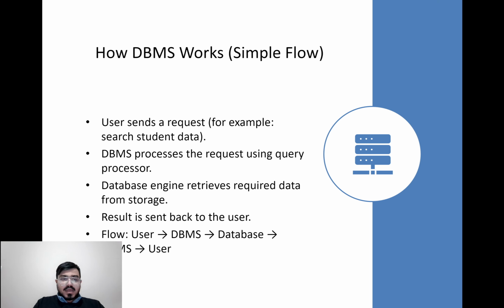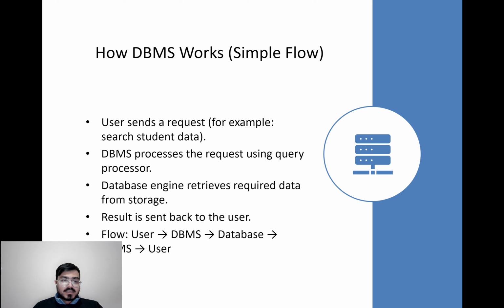Let us understand how a DBMS works in simple steps. First, a user sends a request. For example, the user wants to search student data. Second, the DBMS processes this request using something called a query processor. Third, the database engine retrieves the required data from storage.